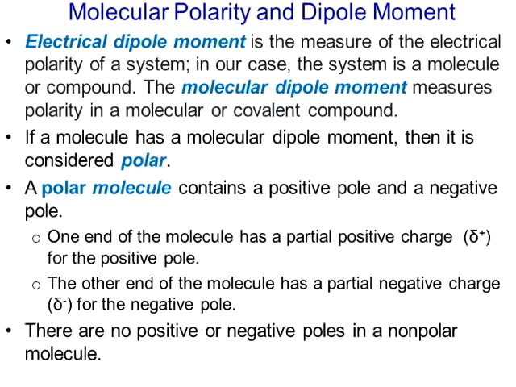Electrical dipole moment is the measure of the electrical polarity of a system. In our case, the system is a molecule or a compound. So in other words, the electrical dipole moment, or dipole moment, measures the electrical polarity of the system.